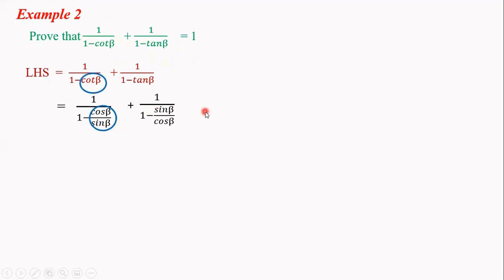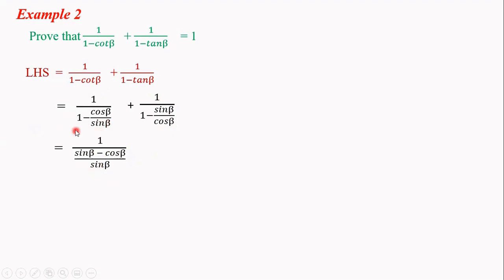Also, in the second term, the numerator is copied as it is, and in the denominator portion, tan beta is replaced by its formula sin beta upon cos beta. Next step, the numerator is again copied as it is. In the denominator portion, we take the LCM.